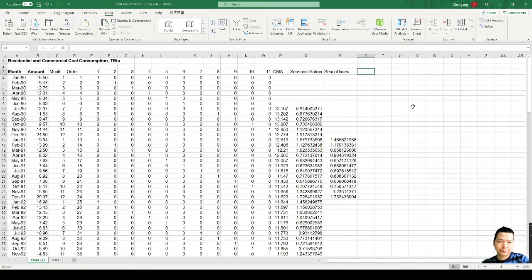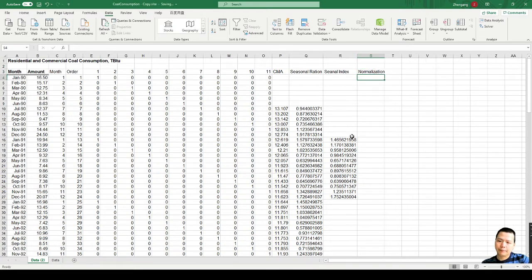But the problem is if we sum them together, you can see the sum is a little bit higher than 12. We want it normalized. We want on average everyone to be 1, which means when we add them together it becomes 12. So we do a normalization. For this one it's okay, but sometimes it's too far off. We want it close to 1 because it's a ratio.